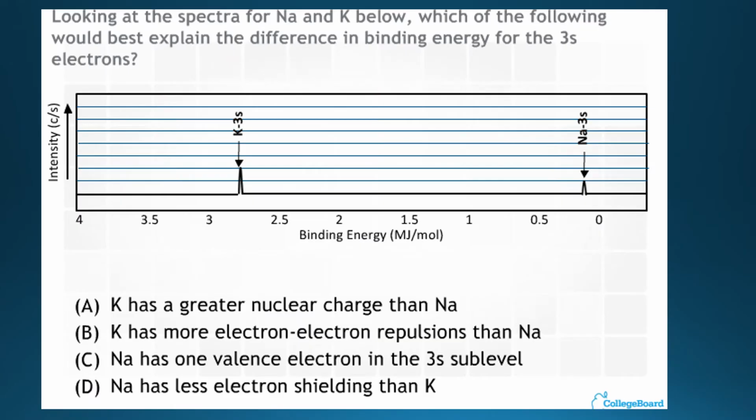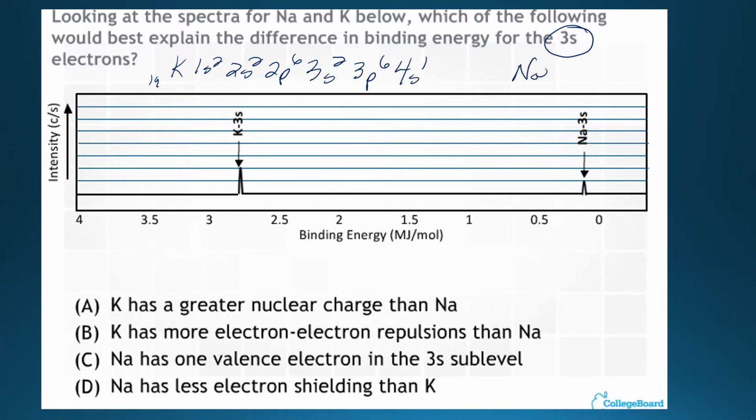Our next slide says look at the difference between sodium and potassium, and we're looking at the binding energy for the 3s. Potassium has 19 protons, and it is 1s2, 2s2, 2p6, 3s2, so the 3s electrons are in there, 3p6, and then 4s1.